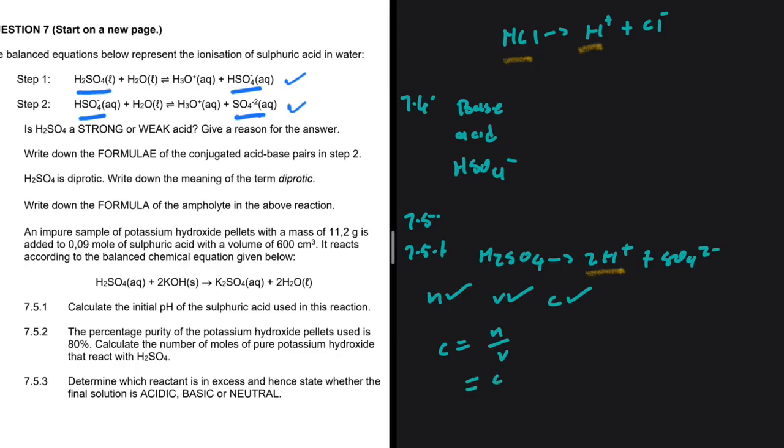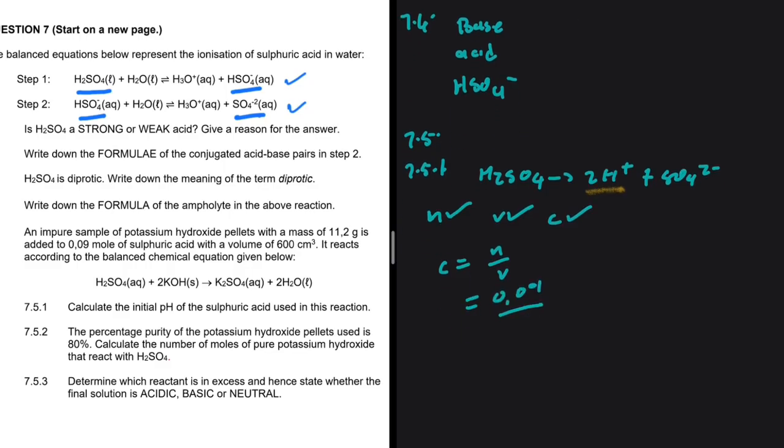Number of moles 0.09. The volume is 600 cm³ divided by 1000 in order for us to convert it to dm³. We will get 0.6. So 0.09 divided by 0.6, that is 0.15. So we have 0.15 moles per dm³.